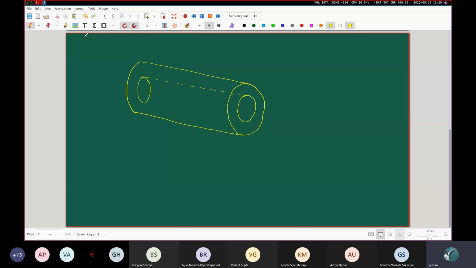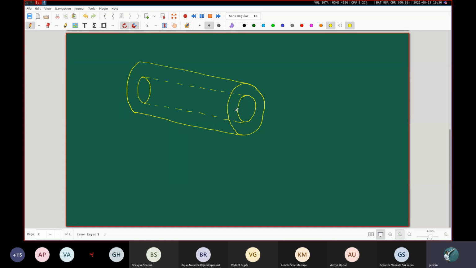Please understand that this should also be dashed, but I don't want to spoil the diagram. So we have something like this. Please do not think that this is a hole. There is no hole here.